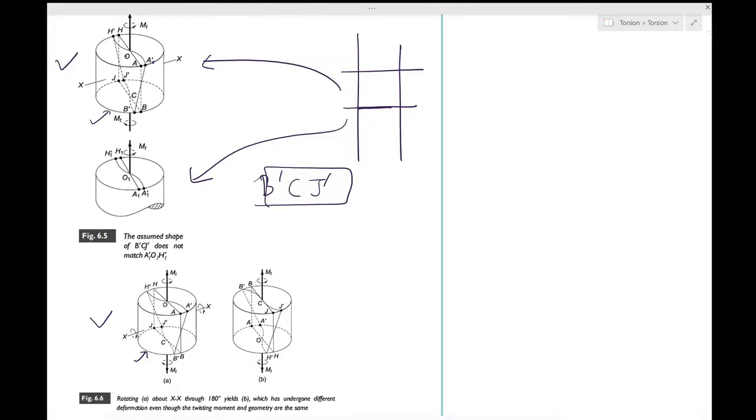I'll just exaggerate it so that you can see the sense of it. It looks like this: B'CJ'. Over here it looks like this: B'CJ'.